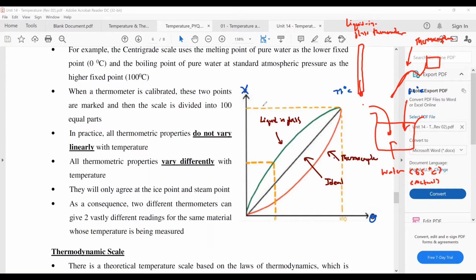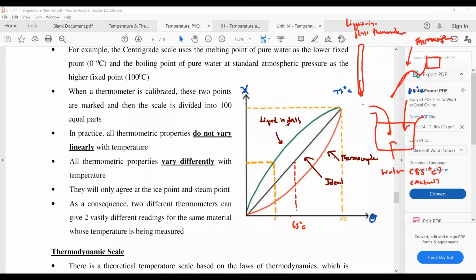Okay, right. So the gist here is this. If your actual temperature was say 65 degrees, maybe this one is the actual 65 degrees. By right, at 65 degrees, your thermometric property should be something like this.